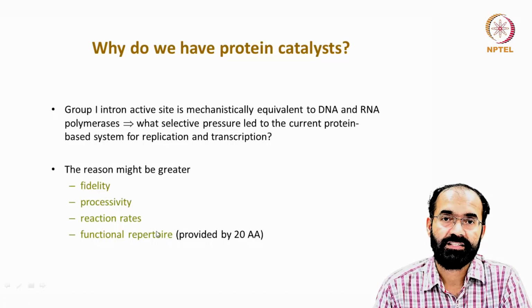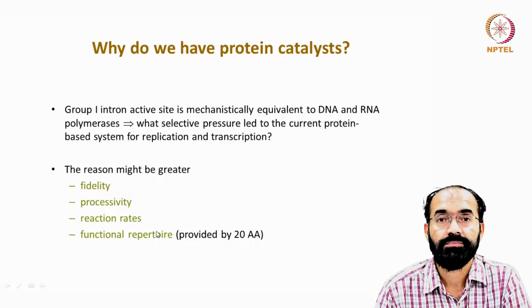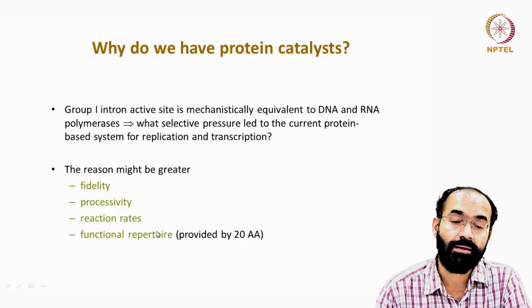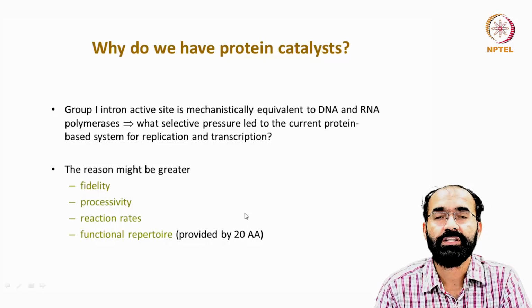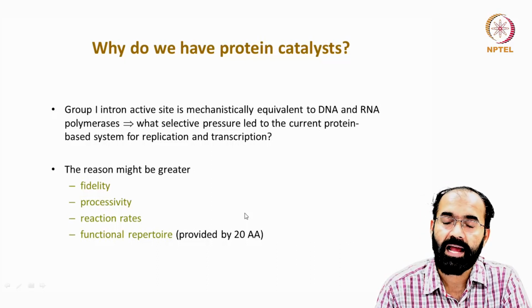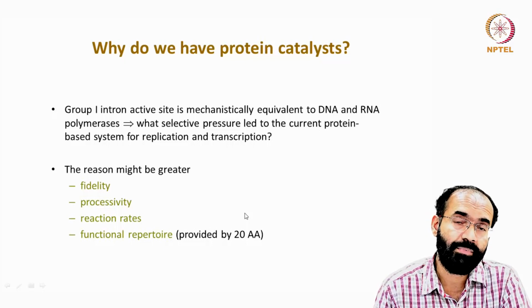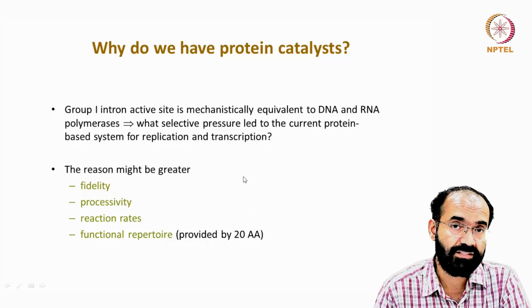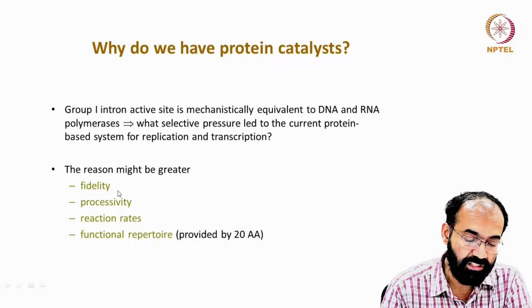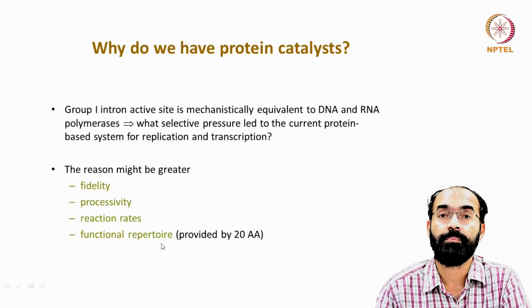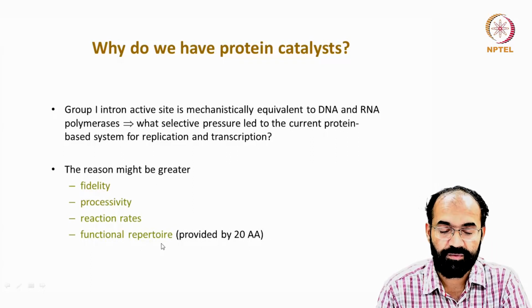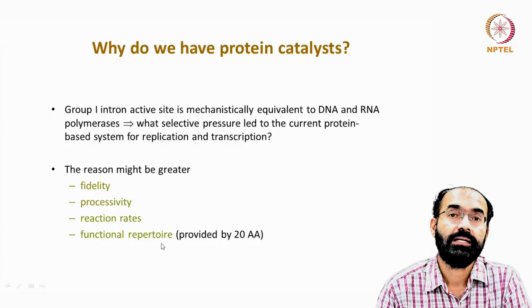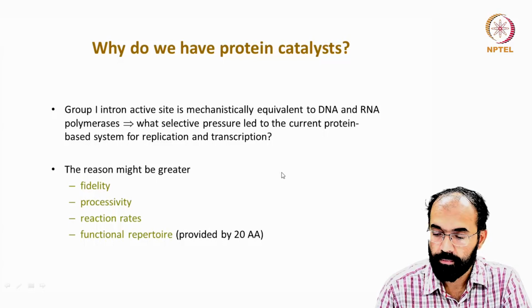RNA has only 4 bases, A, C, U and G, whereas for proteins 20 amino acids are there. And each of them, when you say basic amino acid, it does not have a constant basicity; it can be less basic, more basic, extremely basic. Likewise for acidic ones, it is not in a fixed manner. So this varies quite a lot, and this allows fidelity, processivity, reaction rate and functional repertoire. That could be one of the reasons why the RNA world slowly switched into the protein world.